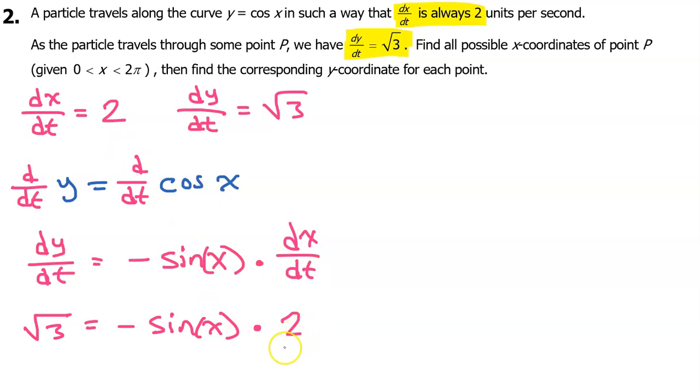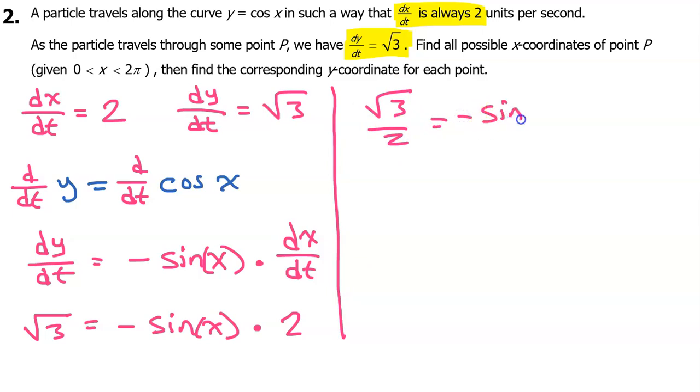All right, so dividing both sides by 2, we have radical 3 over 2 is equal to negative sine x. Dividing both sides by negative 1, and I'm going to switch it around in the way that I am more comfortable, we will have sine x is equal to negative radical 3 over 2.